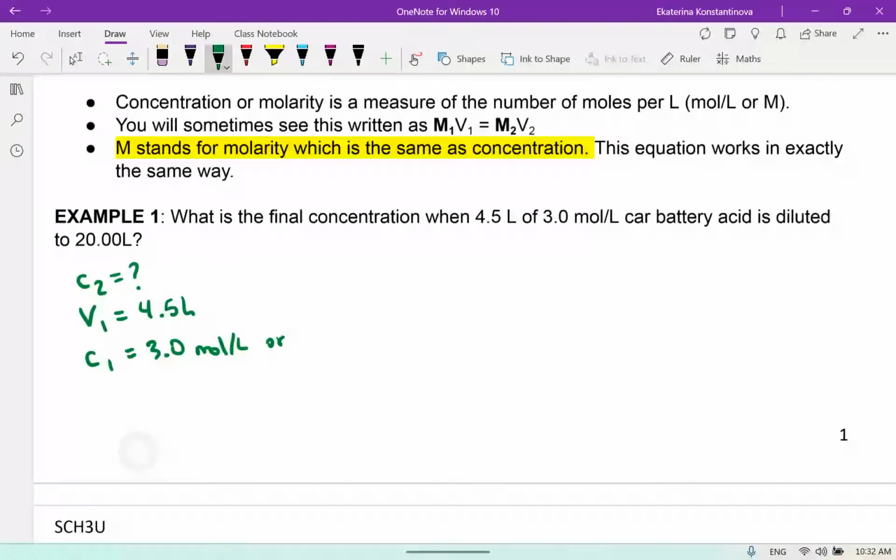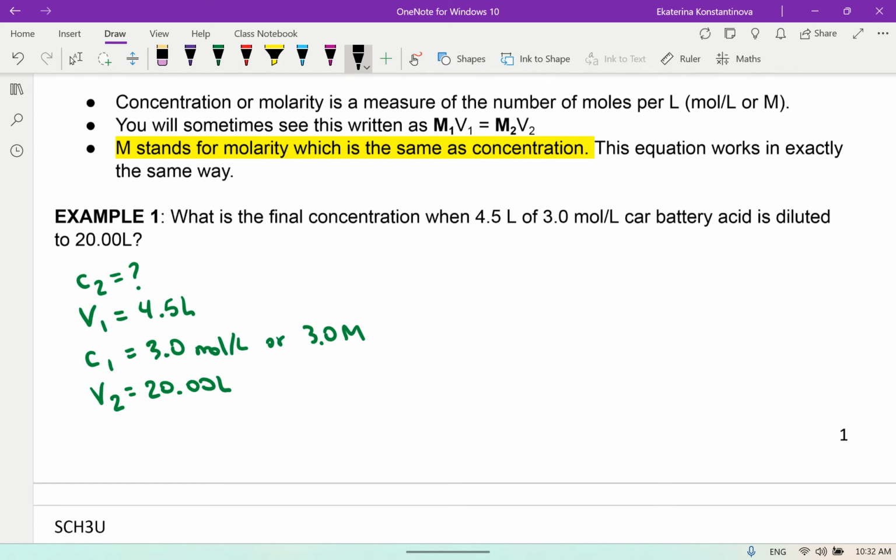Or you could write it as 3.0 M, right? Those units mean the same thing. Molarity, capital M. And we want to find out if we dilute it to 20 liters. So V2 is going to be 20.00 liters.